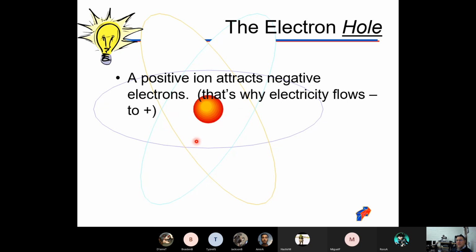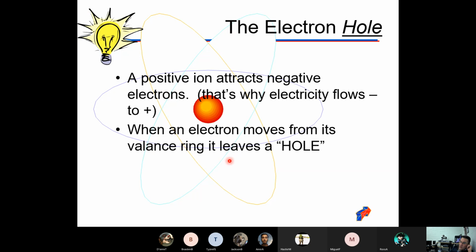So, positive ion attracts the negative electrons, right? Y'all understand that? It's like the proton attracting the electron because it has a positive charge. Okay, so when an electron moves from its valence ring, it's leaving a hole there.